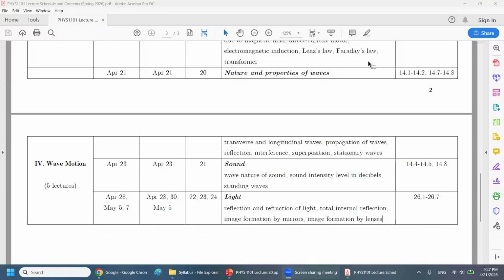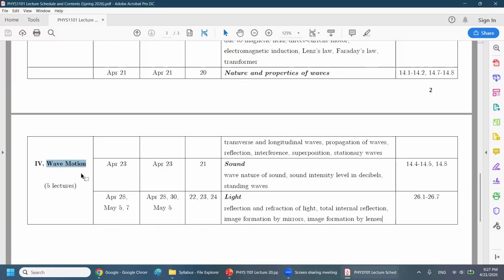In the last five lectures of this course, we're going to talk about this phenomenon called waves. Today is basically an introduction to the nature and properties of waves. We're going to categorize waves into transverse waves and longitudinal waves.